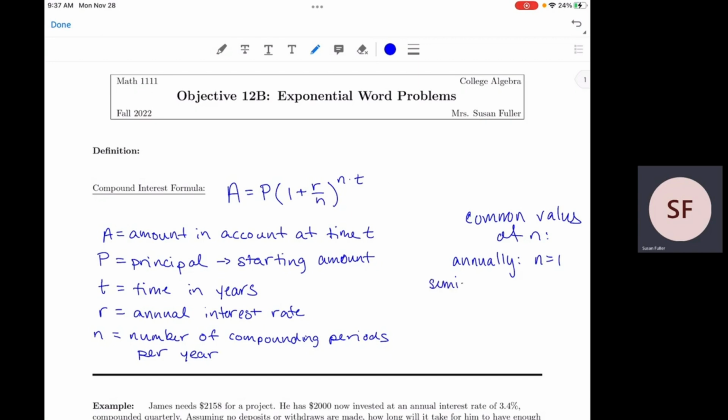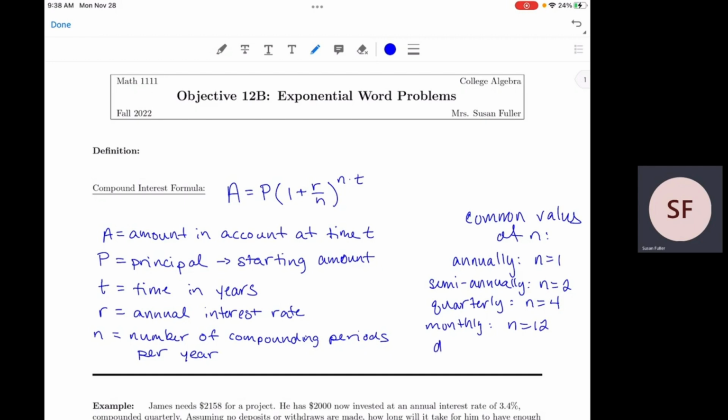If you see something that is compounded semi-annually, that means there are 2 compounding periods per year. If something is compounded quarterly, that means there are 4 compounding periods per year. If something is compounded monthly, that means there are 12 compounding periods per year.